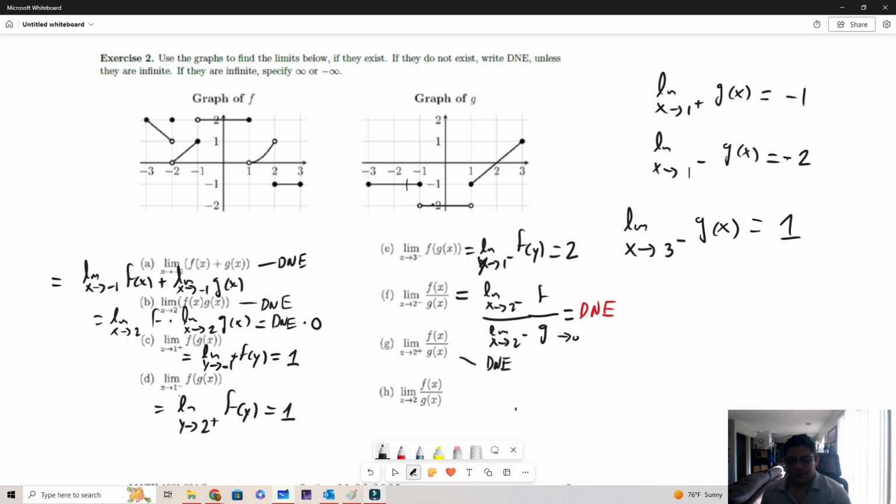Now, in general, the limit when x goes to 2 is not going to exist, right? Because of the reason that I mentioned: on one side it's going to infinity, and on the other side it's going to minus infinity. This is going to 1, and below is going to 0.